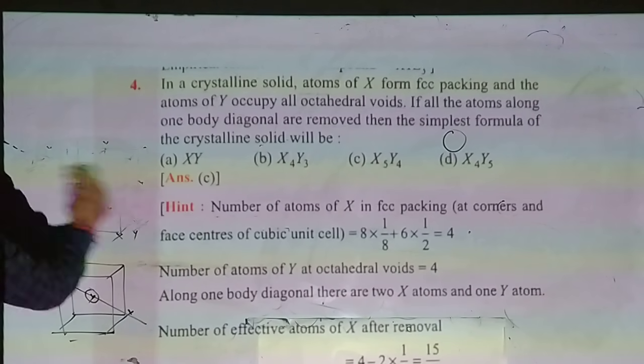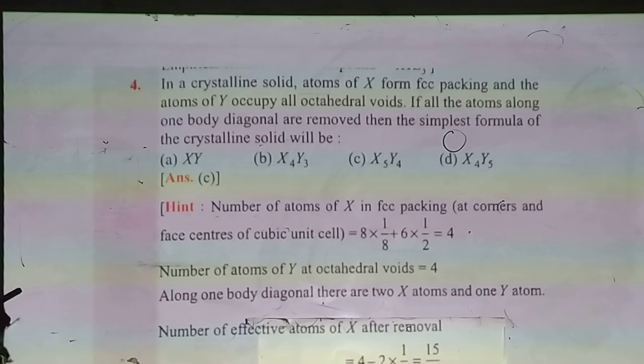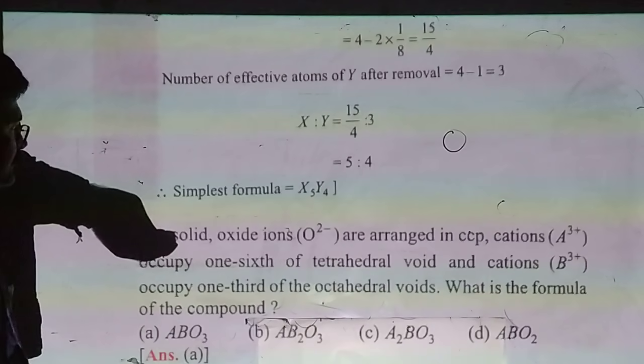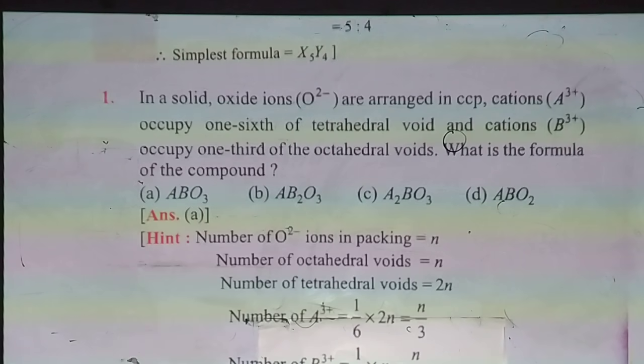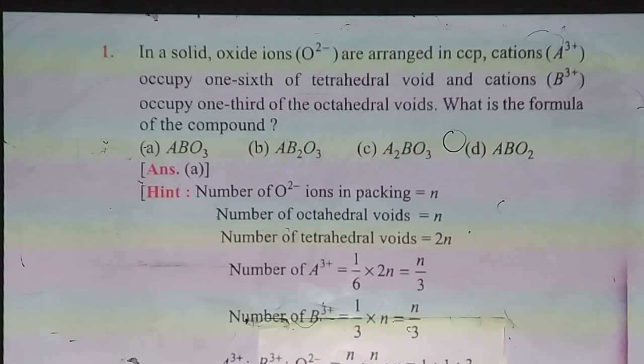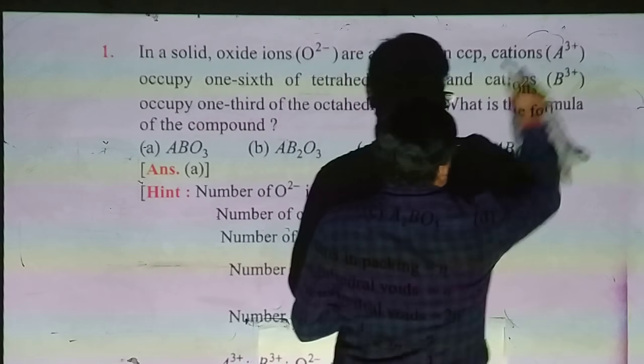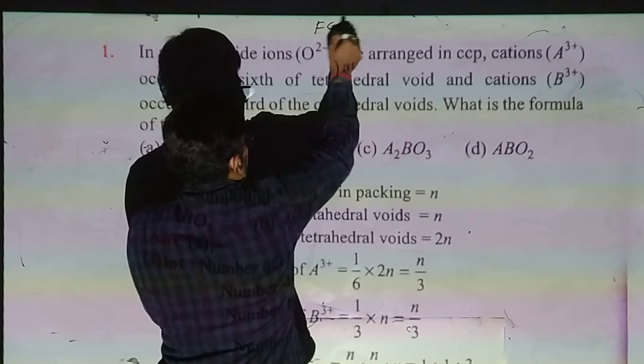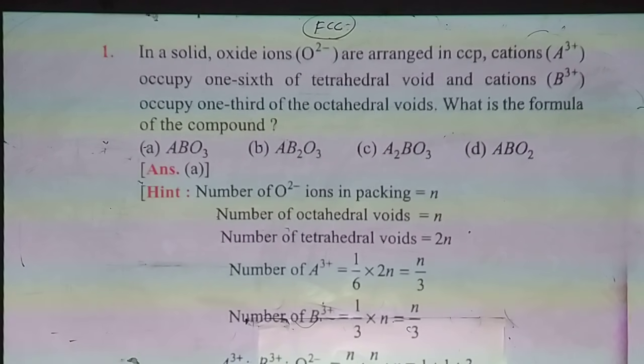Now, next question. In a solid, oxide ions are arranged in CCP. CCP means FCC arrangement. The oxide ions are spheres of our crystal.